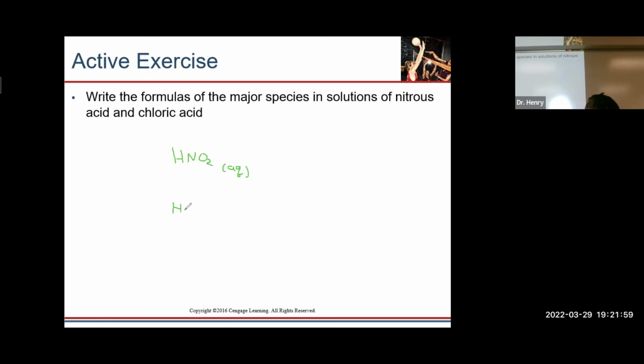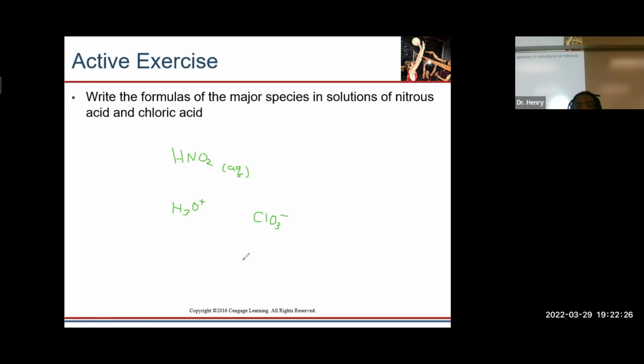So then the major species should be H3O plus and ClO3 negative.